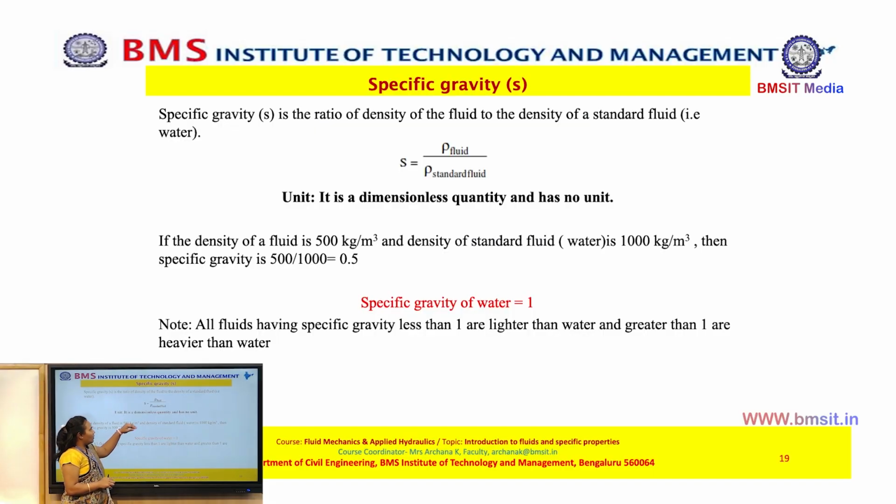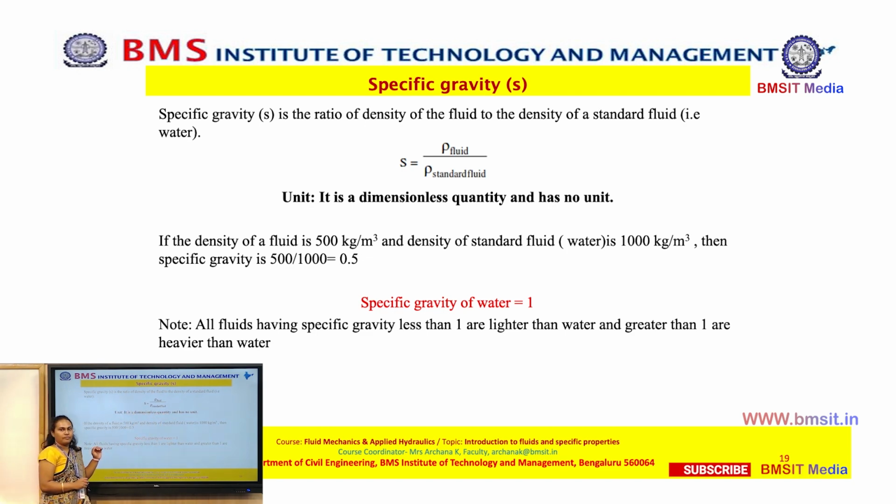So this can be called the ratio of the specific density of any fluid to the specific density of water. The reference fluid, or the standard fluid, will be water. Since the expression is specific density upon specific density, this specific gravity will not have any unit.